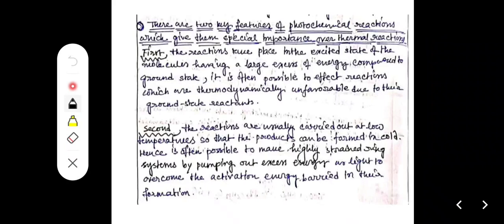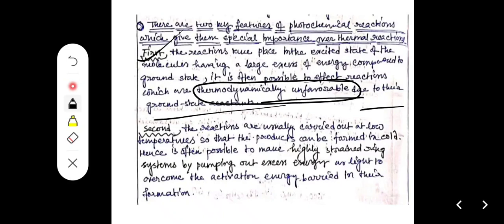Now there are two key features of photochemical reactions which give them special importance over thermal reactions. First, the reaction takes place in the excited state of the molecules, having a large excess of energy compared to the ground state. It is often possible to effect reactions which are thermodynamically unfavorable due to their ground state reactants.